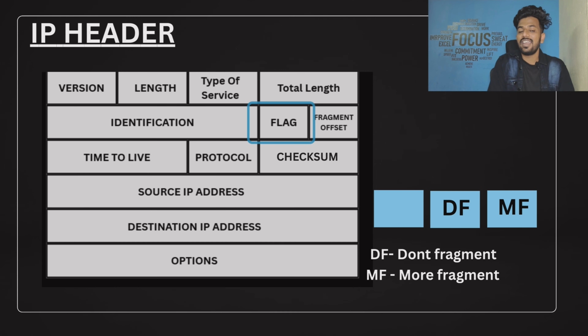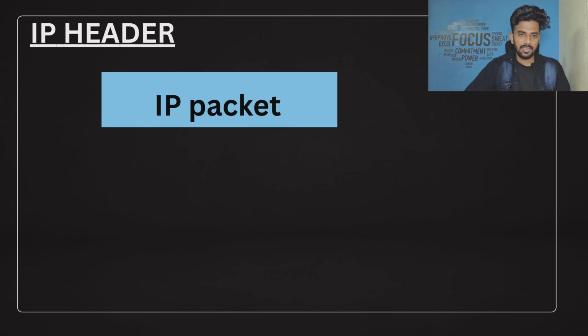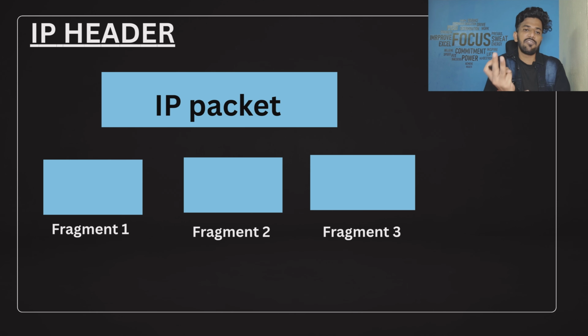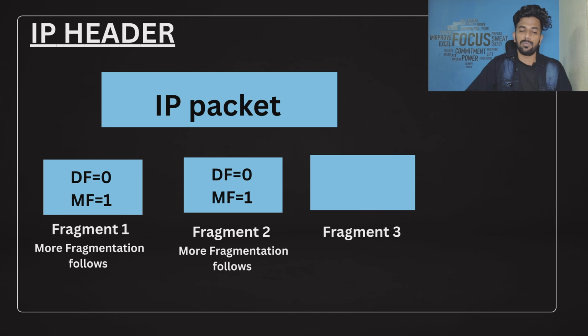For better understanding, let's take a simple example. Let's say the packet is too large and needs fragmentation. Let's suppose it's split into 3 fragments. Fragment 1: DF equal to 0 and MF equal to 1, which means more fragments follow. Fragment 2: DF equal to 0, MF equal to 1, which means again more fragments follow. Fragment 3: DF equal to 0 and MF equal to 0.